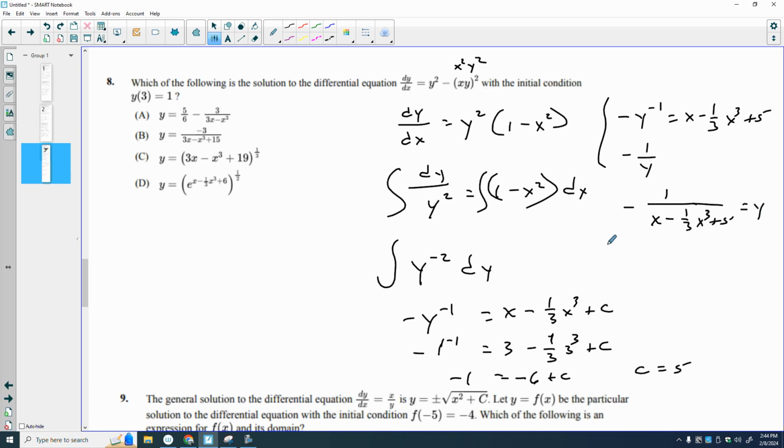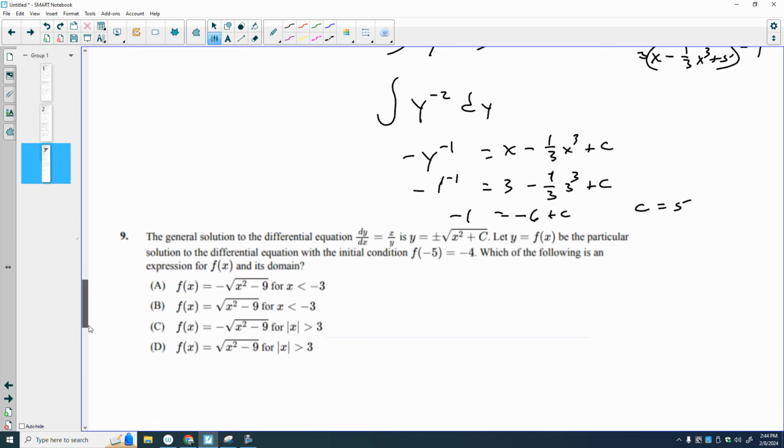And you might be saying, I don't see that anywhere. Well, yeah, you do. It's right here. If I multiply top and bottom by 3, that becomes a 3, just like this, and I get 3x, and I get x cubed, and I get 15. So this expression and this expression are the same.